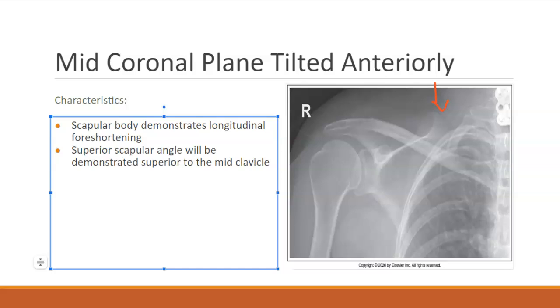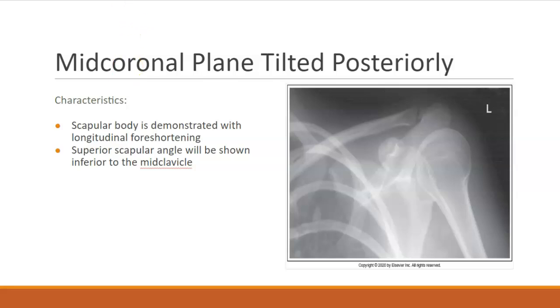In order to correct this tilting, we need to make sure the patient's mid-coronal plane is parallel with the IR. When there is posterior tilt, you will see that the scapular angle is demonstrated inferior to the mid-clavicle.